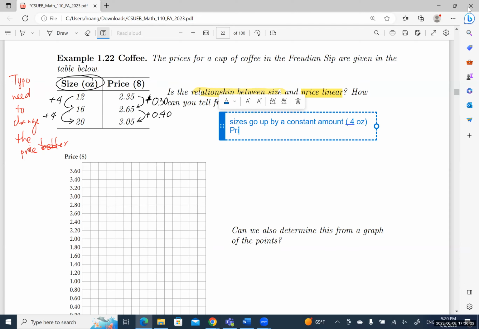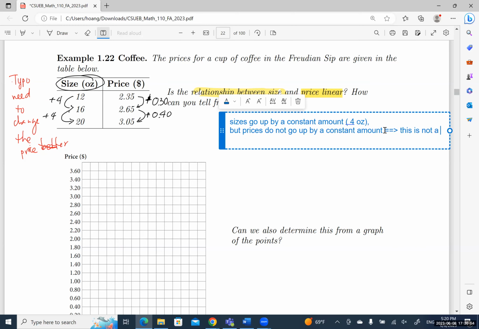But the price does not go up by a constant amount. So then this is not linear. Not a linear relationship.